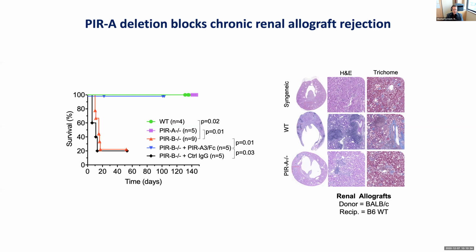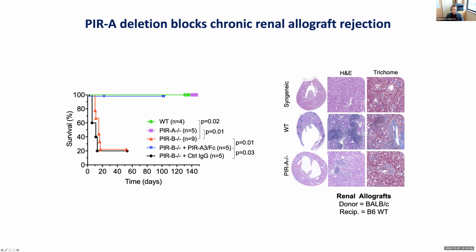So, of course, we were interested in figuring out if there are any effects of PIR-A on chronic rejection. So we utilized these mice, the PIR-A knockout and the PIR-B knockout and fusion protein treatment, to study what happens to renal allograft survival after transplanting BALB/C to B6 wild-type recipients. We made two observations here.